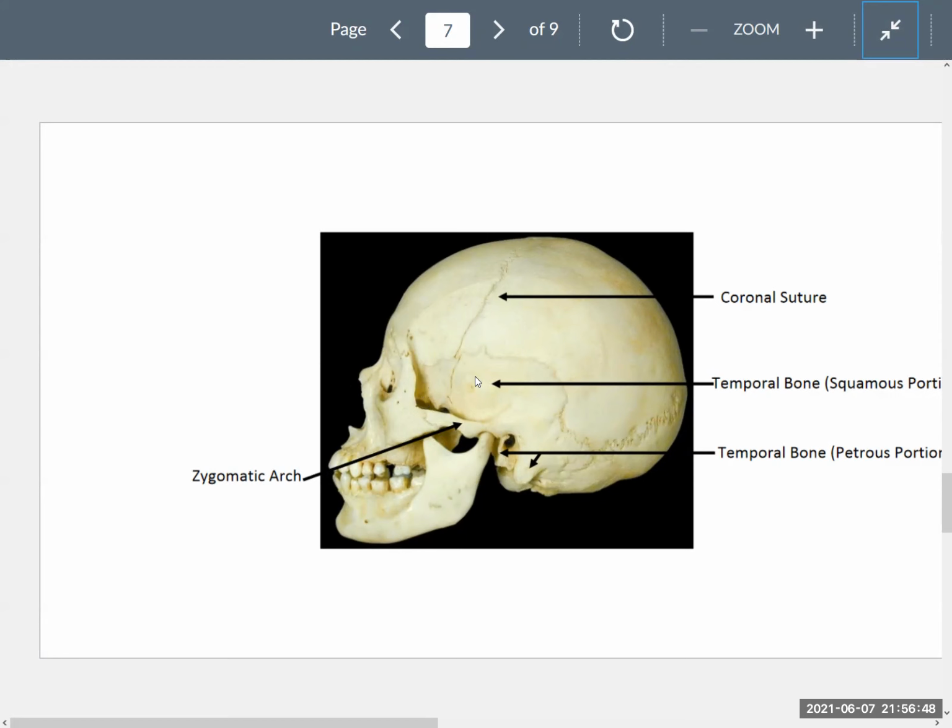Well, it's actually slightly curved, but it's rather flat. You can take a piece of bread that's flat and curve it slightly and still call the bread flat. This is the flat part of the temporal bone, which is called the squamous part, or squamous portion.